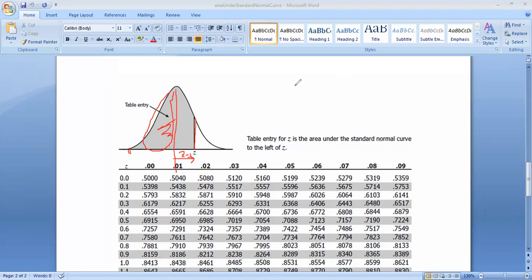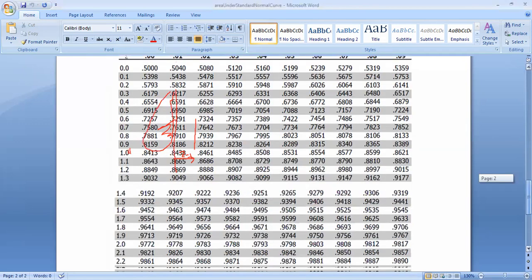If you go to Z equals 1, you can see here 0.8413. So it is about 84.13%. And near 0, it means 50%, 0.50.